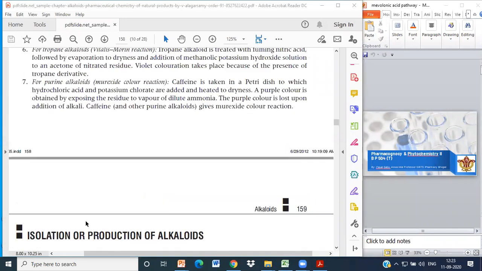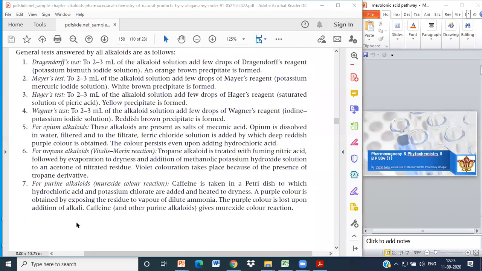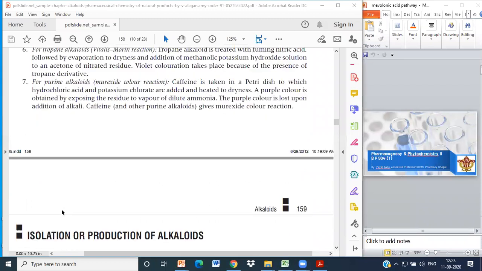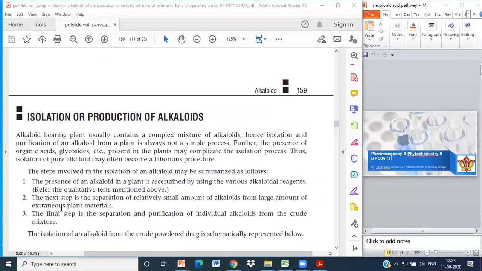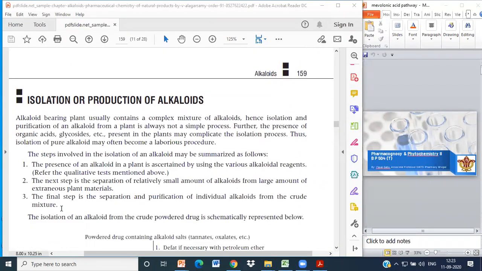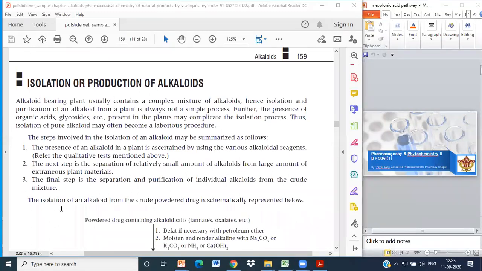Okay, so this was all about the chemical tests for alkaloids. These are the basic tests we have to do for the alkaloid, and some of them are specific tests for alkaloids. So moving ahead with the isolation and purification of alkaloids. How alkaloids specifically have to be isolated is the main question. In the above part, we have discussed the chemical tests.